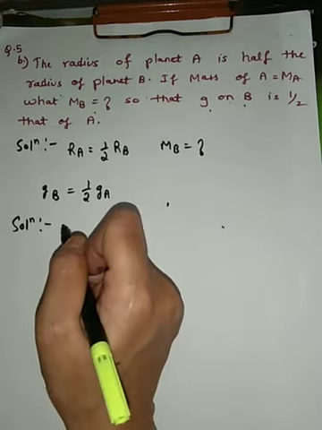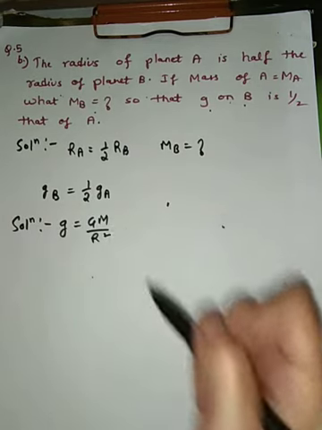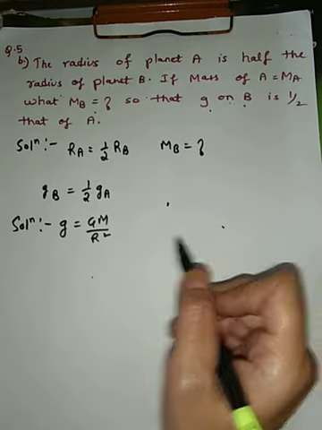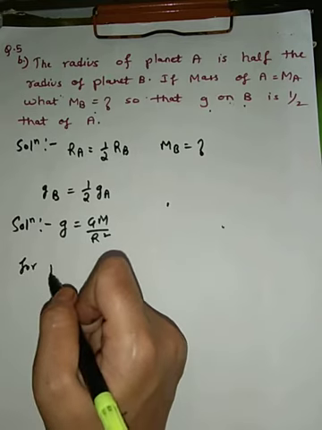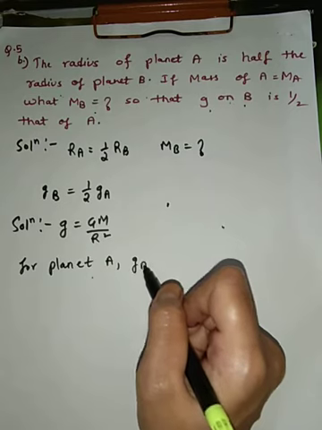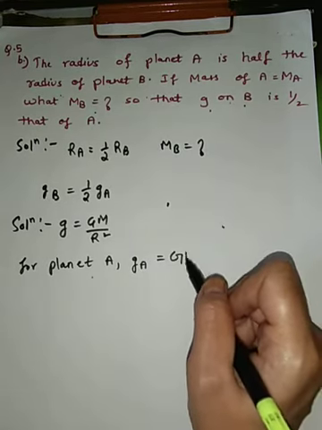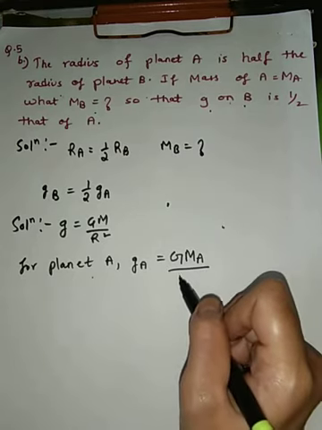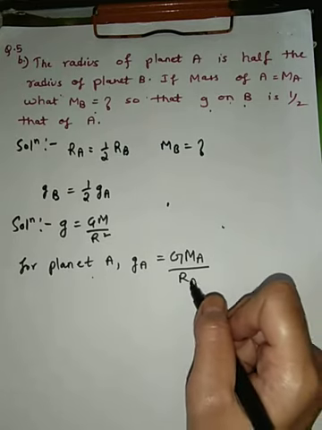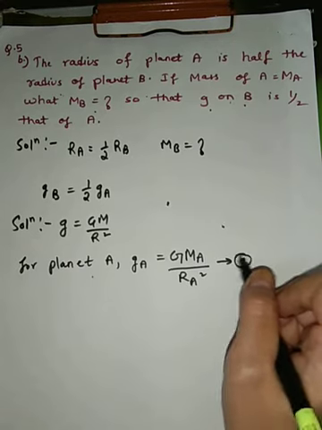How our solution will go? This is based simply upon formula g is equal to GM upon R square. We know this formula. So you will be writing this formula for planet A and for planet B. For planet A, gA is equal to, capital G will be universal constant, so as it is, MA upon RA square. So this is let us say equation 1.